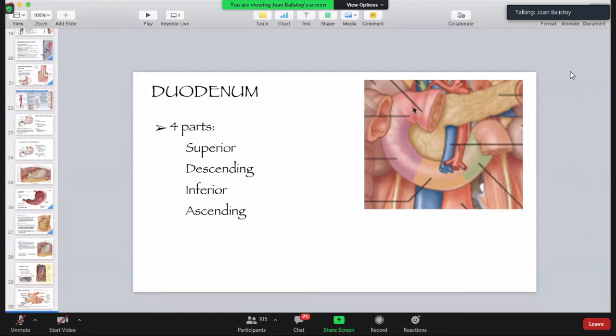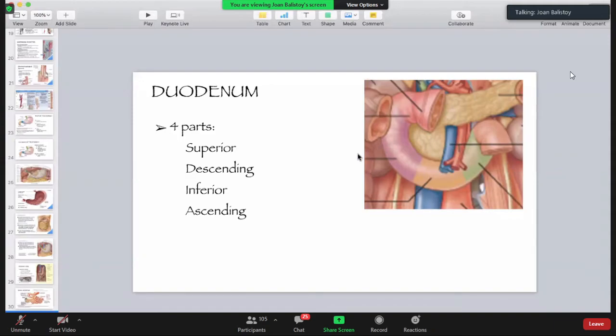All right. Now, the major duodenal papilla is the opening at which bile and pancreatic secretions enter from the ampulla of Vater. Okay? So you have a sphincter, although I don't have a slide showing the duodenal papilla. So rest assured, I will not ask about it.